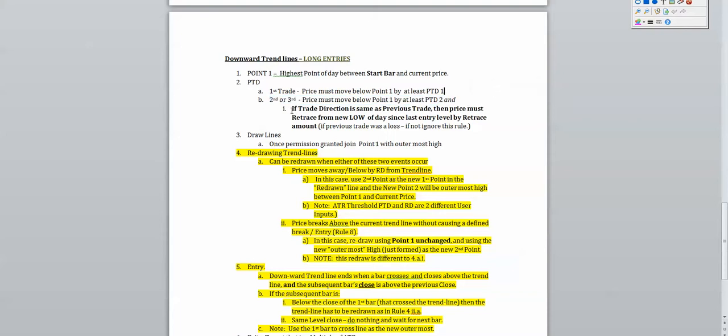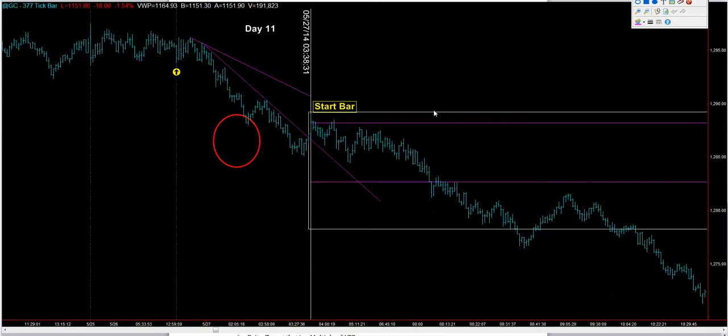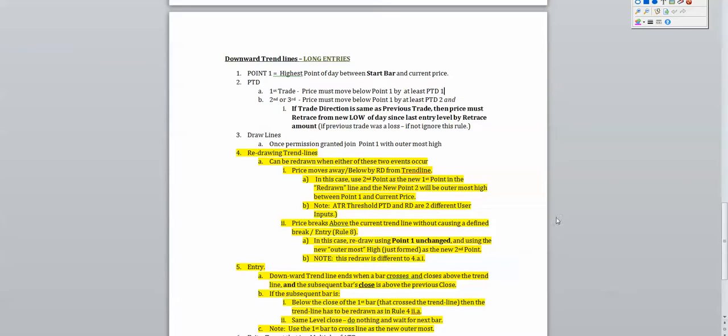And if the direction is the same as the previous trade, which is the case, the first trade was downward, the second case is downward, then price must retrace from the new low of the day since last entry level by the retrace amount.